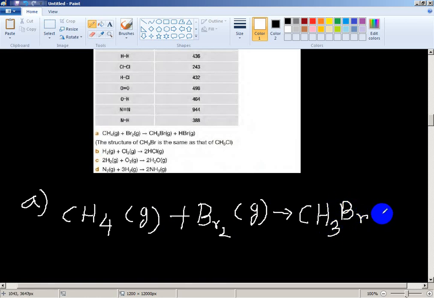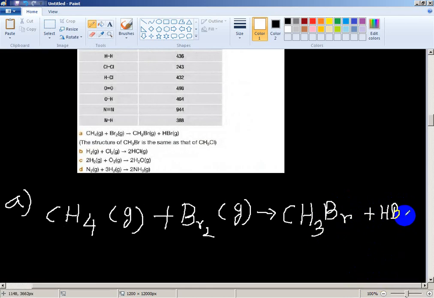I didn't write state symbols, you write these things because there is little space. Okay, hydrogen bromide, HBr.